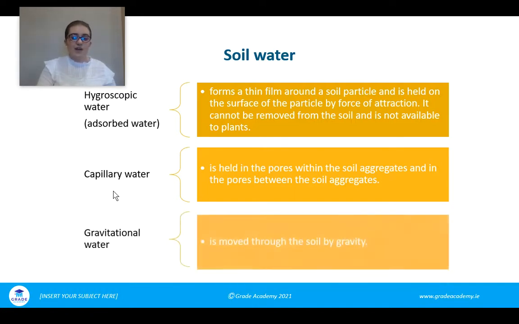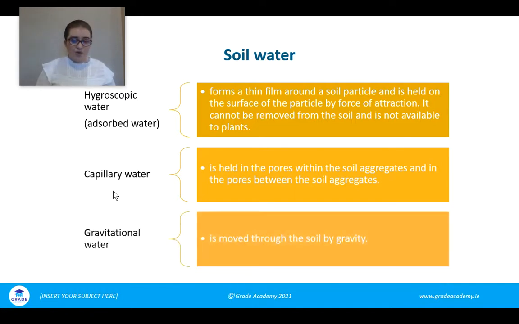And then the final one is your gravitational water, and this is moved through the soil by gravity, and this is available to the plant. So your capillary water and your gravitational water would be available to the plant, again depending on the type of rainfall that has occurred. Your hygroscopic water isn't, because it's just formed that thin filament around the soil surface.